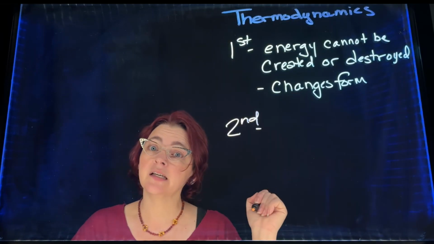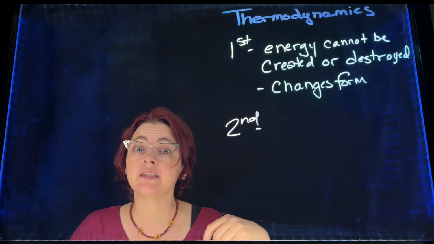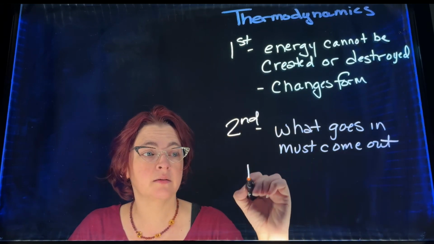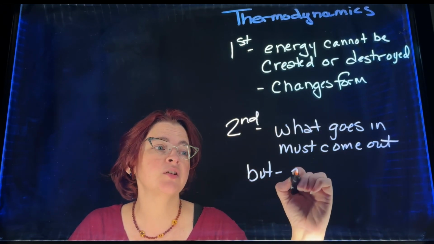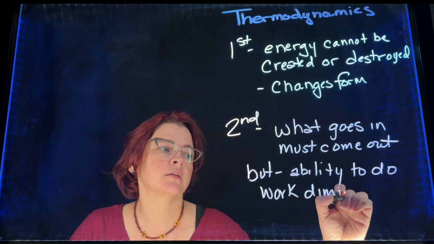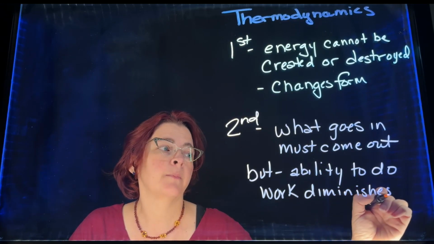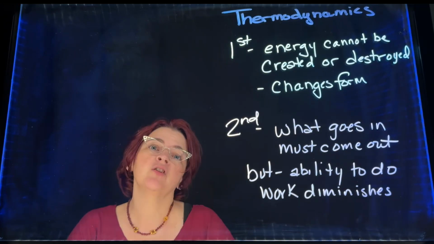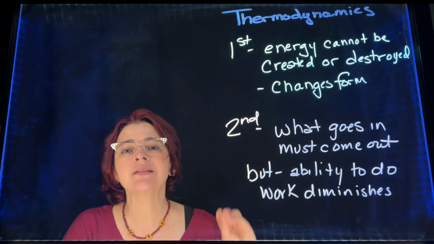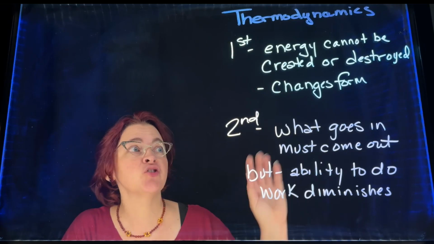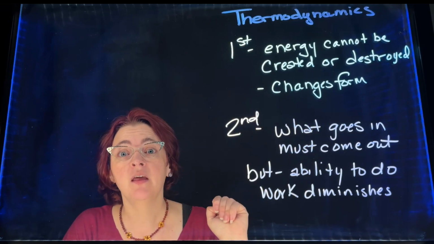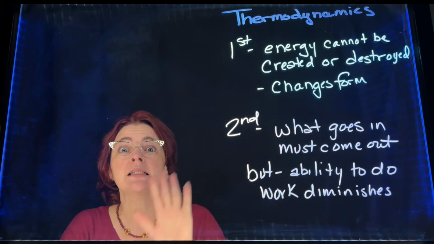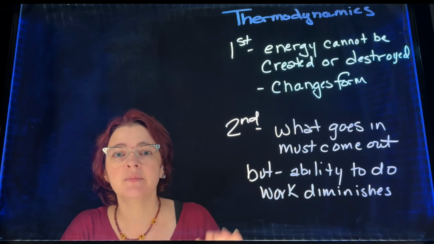The second law of thermodynamics states that what goes in must come out, but the ability to do work diminishes. Essentially, the amount of energy that goes into the system is going to equal the amount that comes out. It's just not necessarily going to be the same form. So if, let's say, 10 joules go into the system, 10 joules will come out.